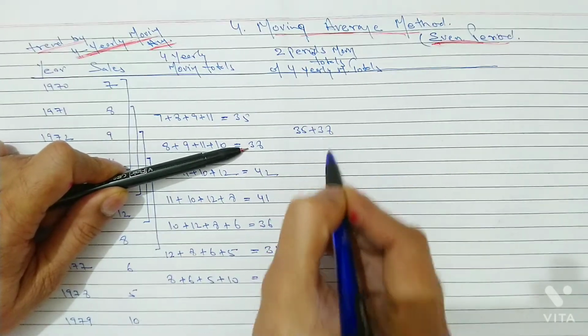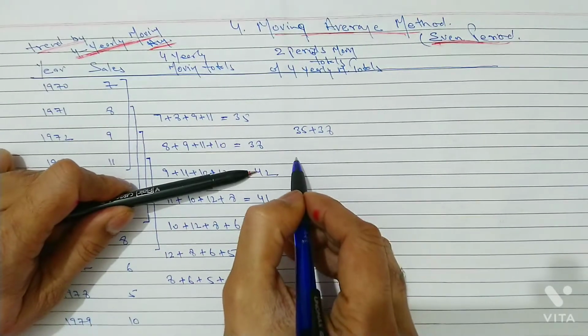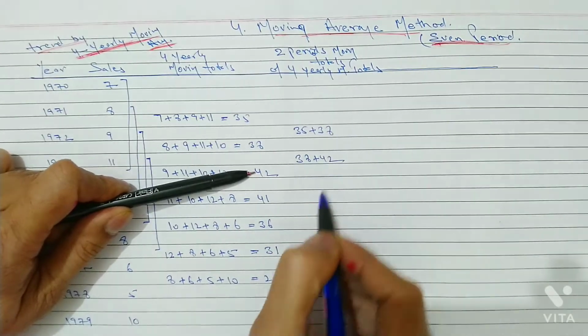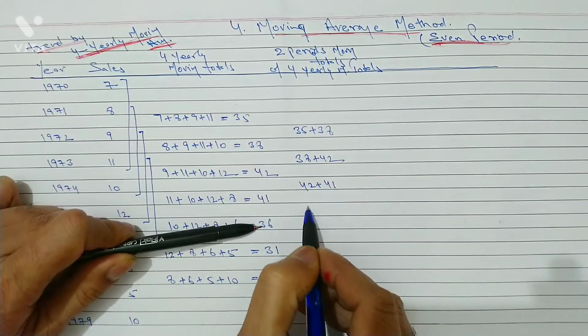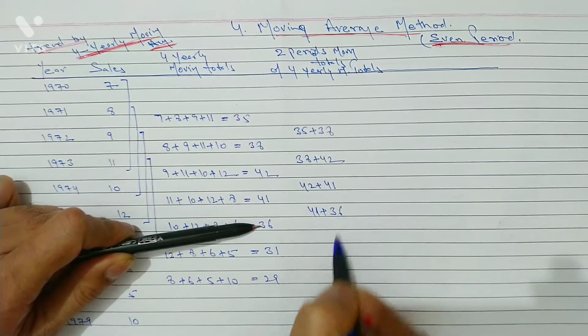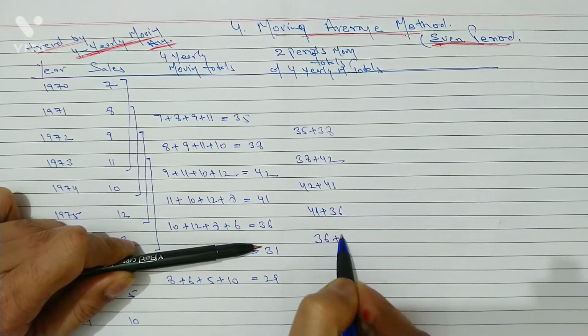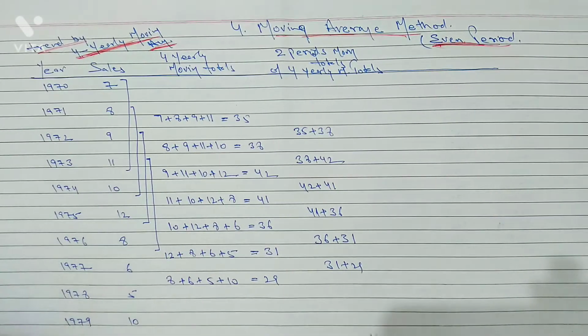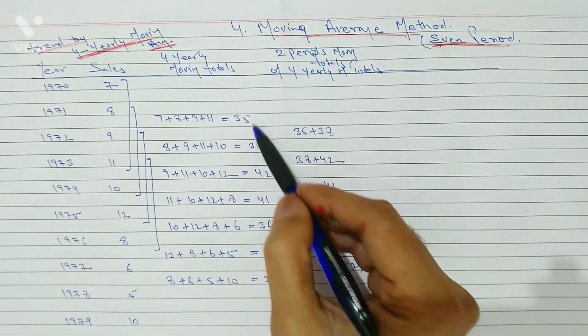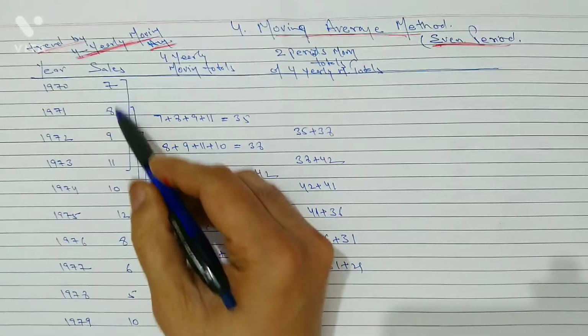Then 38 plus 42. Next 42 plus 41. Then 41 plus 36. Then 36 plus 31. Then 31 plus 29. These are 2 period totals of 4 yearly total.